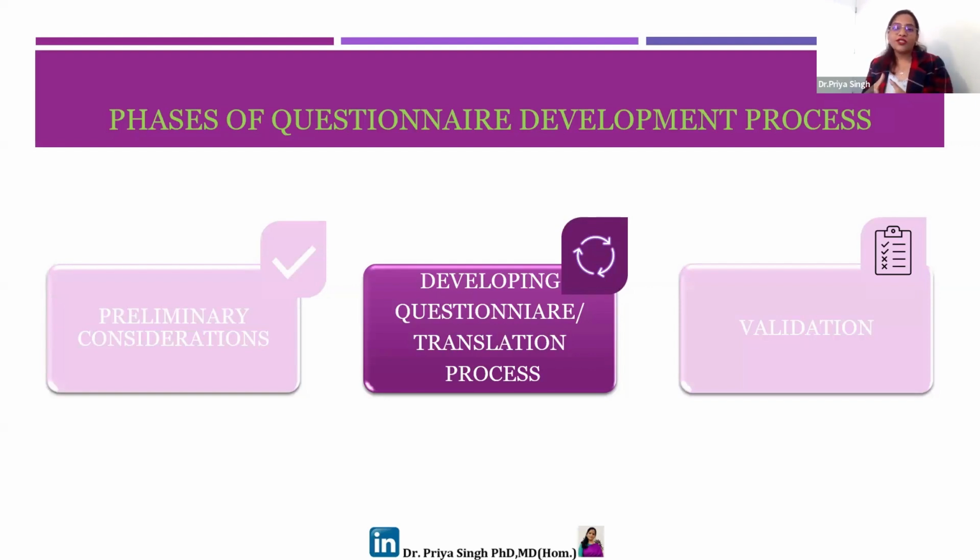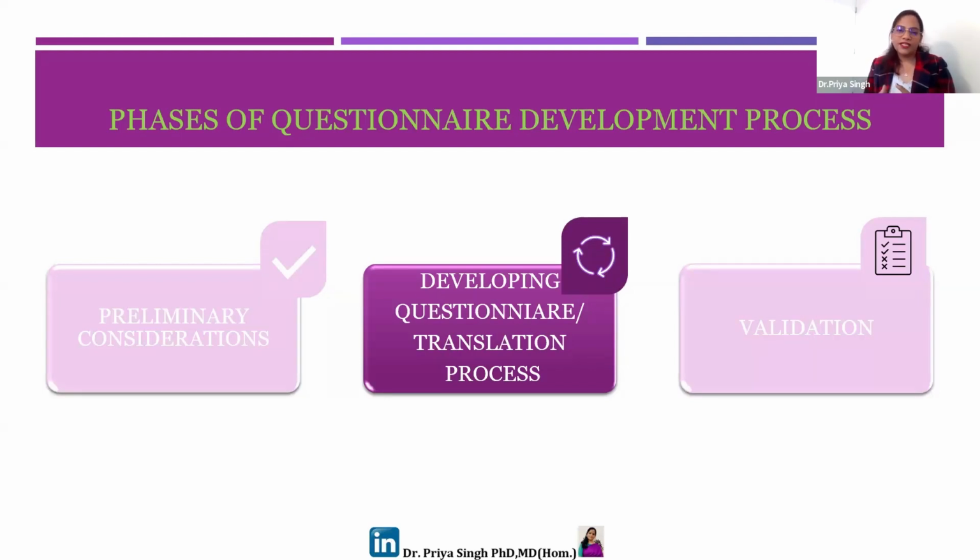Forward translation means translating the questionnaire from the original language to the language you need. Backward translation means having the translated questionnaire translated back into the original language to ensure that the meaning of the questions hasn't changed during the translation.